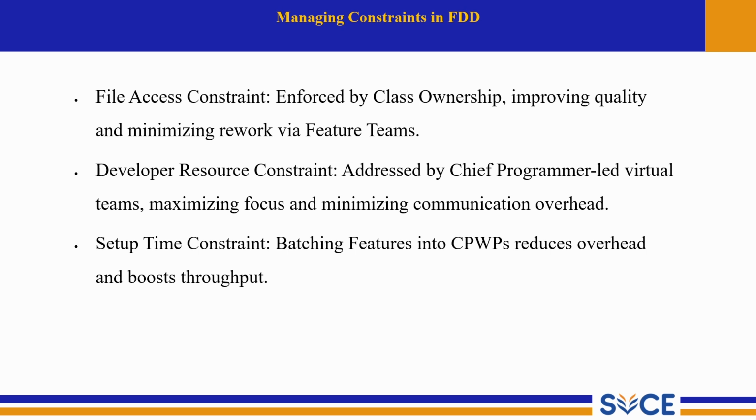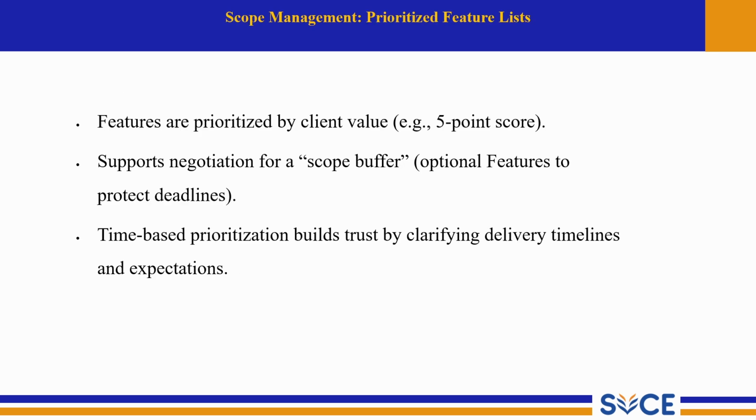Next we will look at how scope is managed using a prioritized feature list. Features are prioritized by client value, for example a 5-point score. This means the most valuable features for customers are delivered first, ensuring the highest business impact.